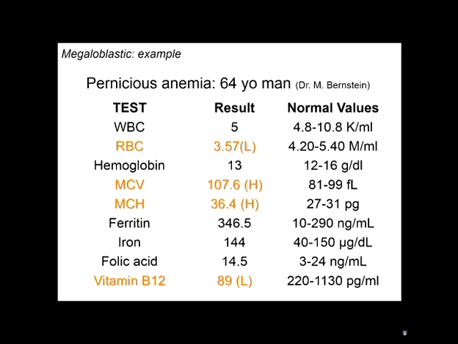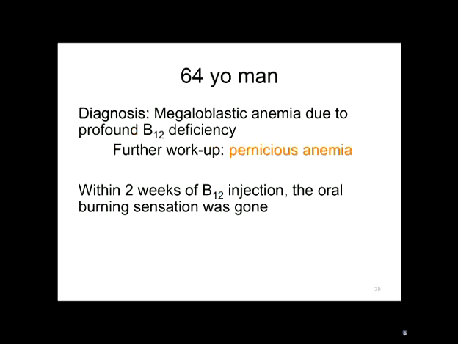It could be for a number of different reasons, one of which could be pernicious anemia, or autoimmune destruction of the parietal cells of the stomach, which turned out to be the case, because further workup found that this patient had atrophic gastritis and immune parameters consistent with this disease. The good news is it's easy to fix.